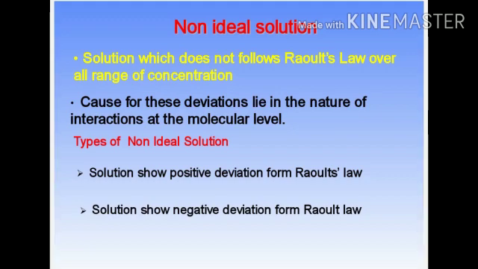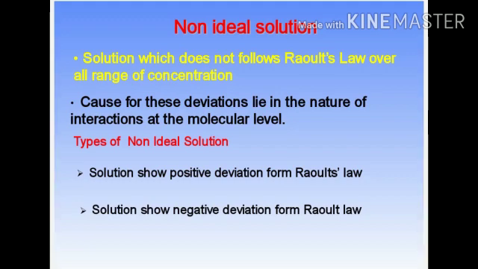Or we can say that in case of non-ideal solution, solute-solvent interactions are quite different from the solute-solute and solvent-solvent interactions, which leads to the deviation from their ideal behavior. The solute-solvent interaction may be greater than or less than solute-solute and solvent-solvent interaction, due to which they behave differently from the ideal solution.